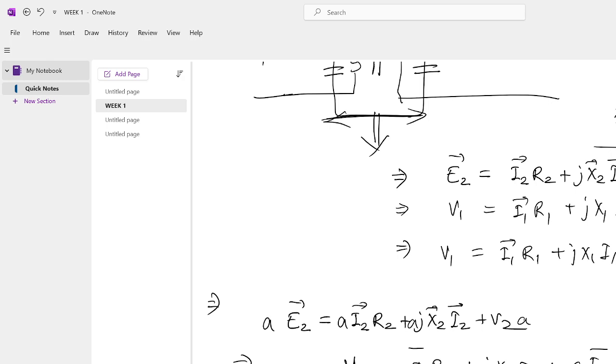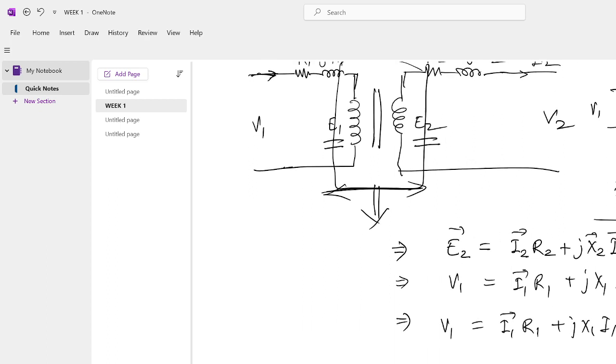You know that I1 is equal to... Some more basic parts you need to know.